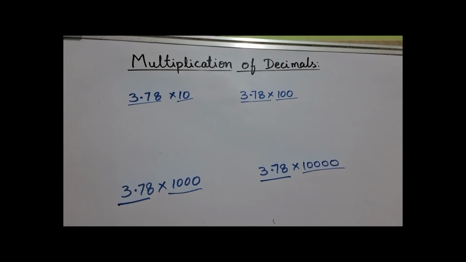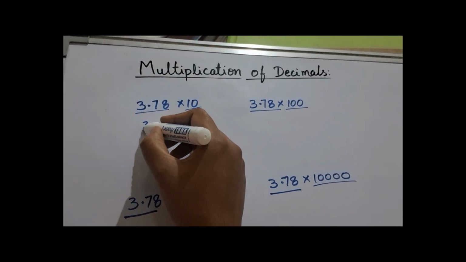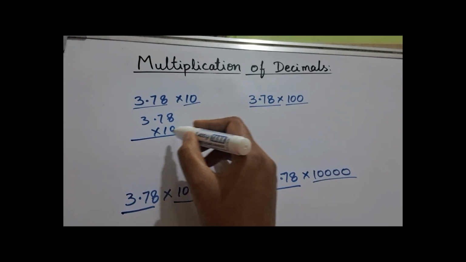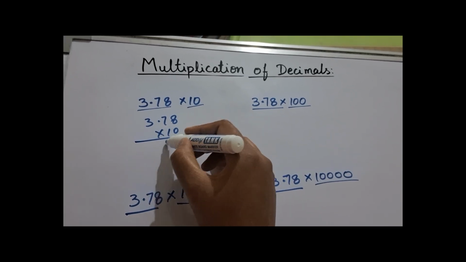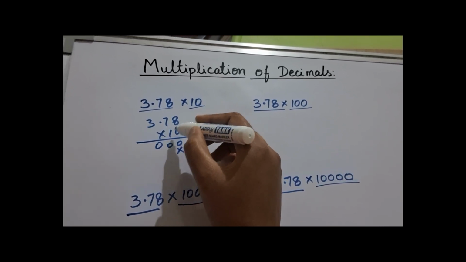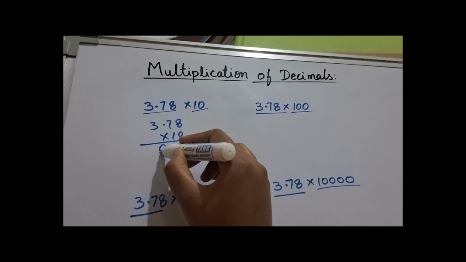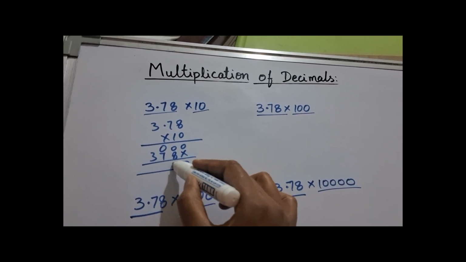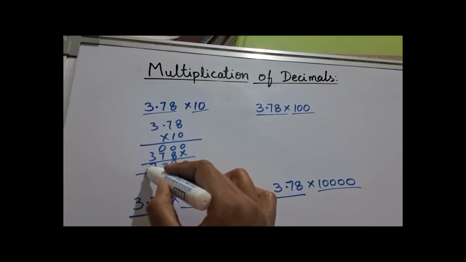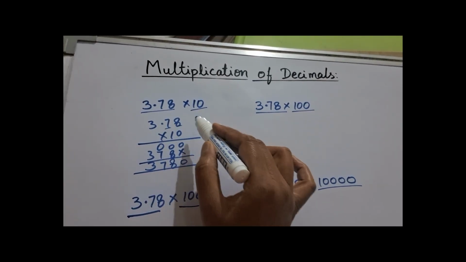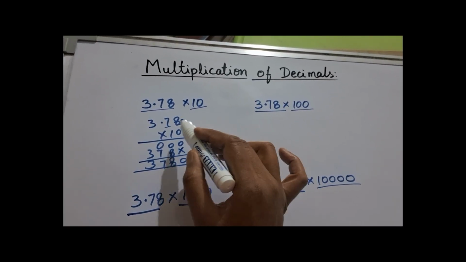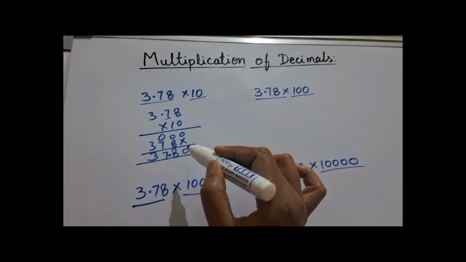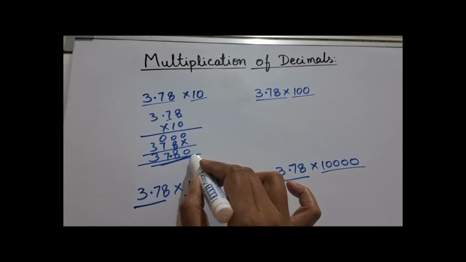Okay, now let's see. 3.78 into 10, then here 0 0 0 and this is 1 7 3, and here we get 0 8 7 3, and here we are having two decimal places, so leave two digits from the right side, and this is your answer.